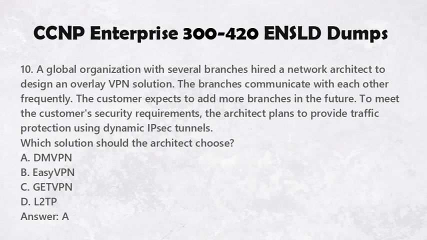10. A global organization with several branches hired a network architect to design an overlay VPN solution. The branches communicate with each other frequently. The customer expects to add more branches in the future. To meet the customer's security requirements, the architect plans to provide traffic protection using dynamic IPsec tunnels.